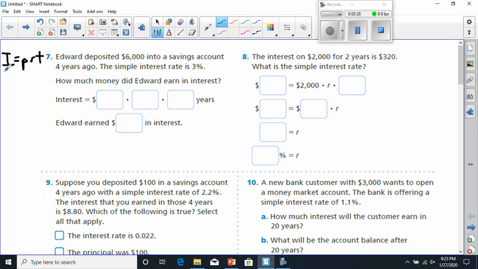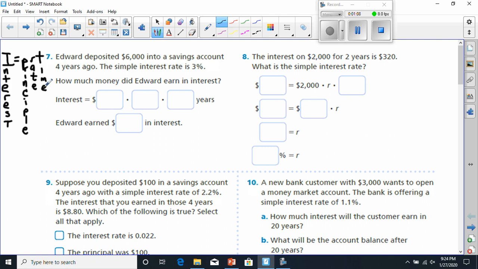Okay, so I'll write it over here for you. The interest equals the principal times the rate times the time.